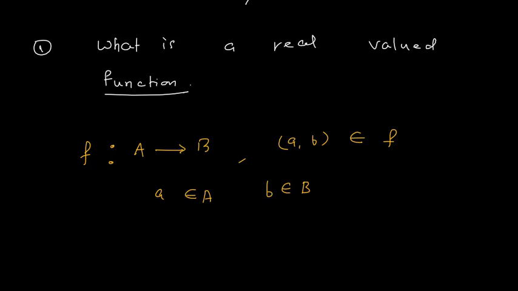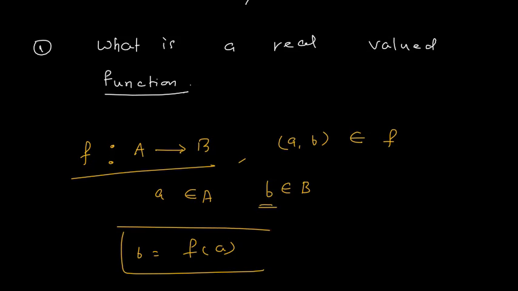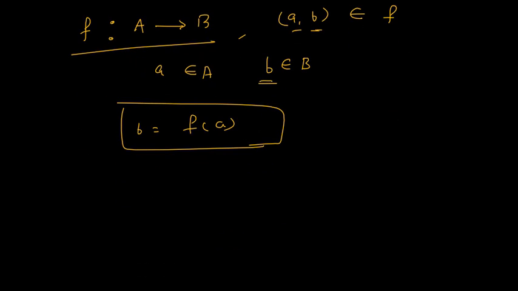This is our function from set A to set B. I will say that this value b is nothing but f of a. b is the image, actually (a, b) belongs to the function, so b is the image of a. a is called the pre-image of b, b is called the image of a, and I can say that b is equal to f of a. Generally we write f of x with y.